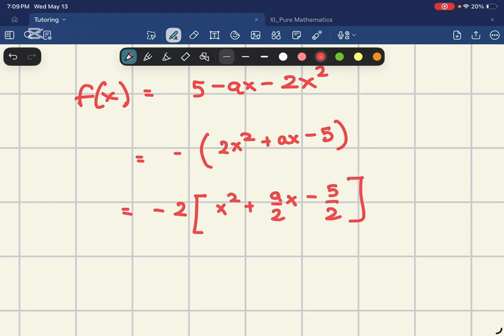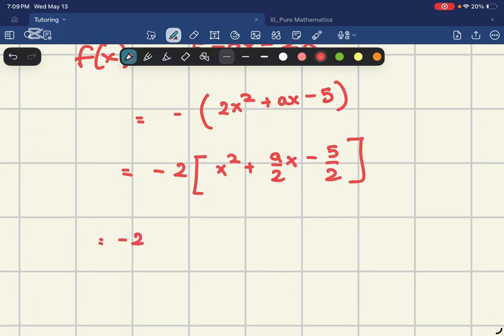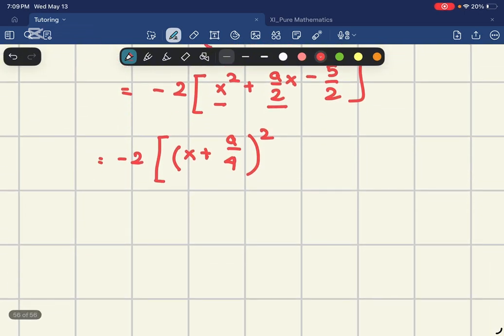Now we will complete the square. If I complete the square, I will get x plus a over 4 squared. And if you use the binomial formula, or expand this out, you will see that my first two terms are going to match. Now, if I square a over 4, I get a squared over 16. So I don't need a squared over 16. I need to take that away.